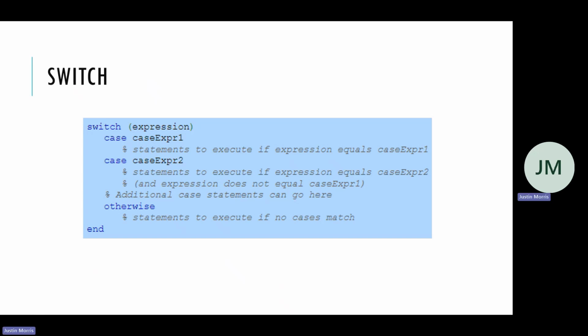If you have different variables checked in different if-else statements, probably the switch statement is not what you want to use. But if it's just like if this variable is within this range, then I do this. If it's in this range, then I do this, and you're checking the same variable, it'll be more compact to use this switch statement.